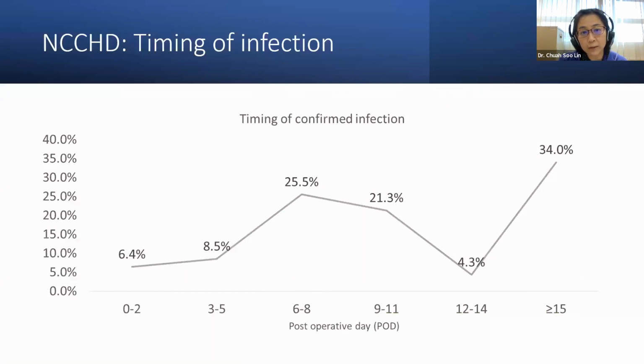Next, we come to the timing of the infections. The timing of infections reported in Japan is quite different from the Western cohort. From the literature review, the Western cohort has reported that infections peak at the second week, and then decline after the second week.